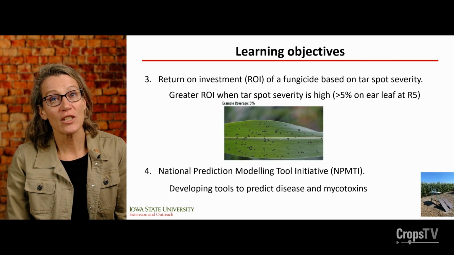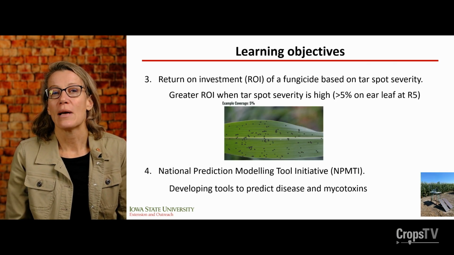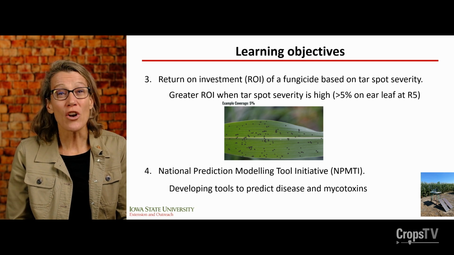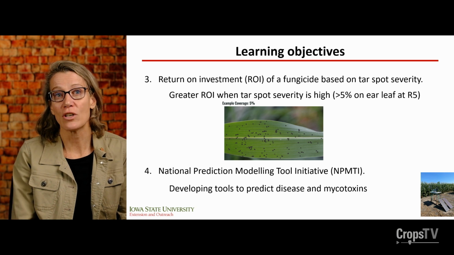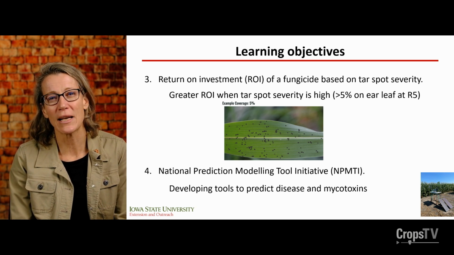The return on investment for a fungicide, I think it's pretty logical that when tar spot severity is high, you're going to get a better return on investment for that fungicide application.